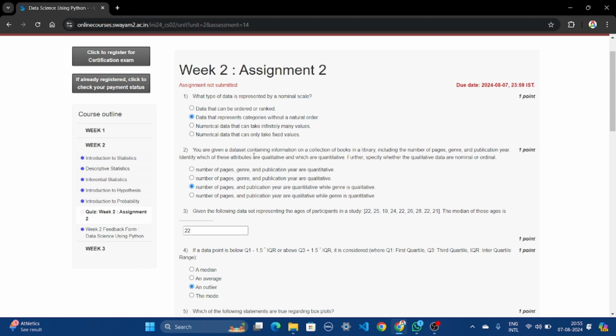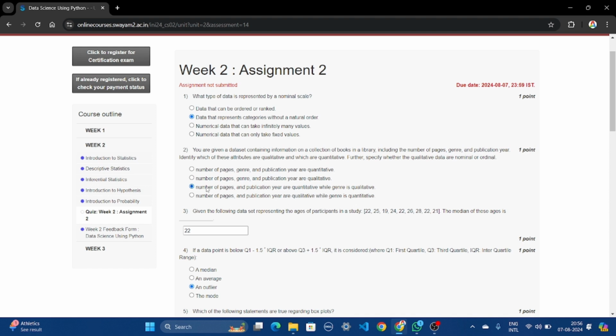You are given a data set containing information on a collection of books in a library, including the number of pages, genre, and publication year. Identify which of these attributes are qualitative and which are quantitative. Further specify whether the qualitative data are nominal or ordinal.